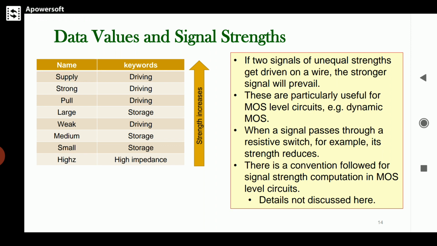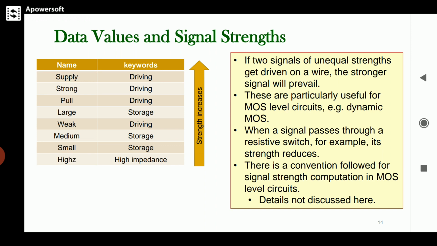If two signals are driving the same net or wire, then the signal which has the highest signal strength will prevail. For example, if logic 1 and high impedance are driving one wire, then logic 1 will pass on that wire, or logic 1 will dominate.